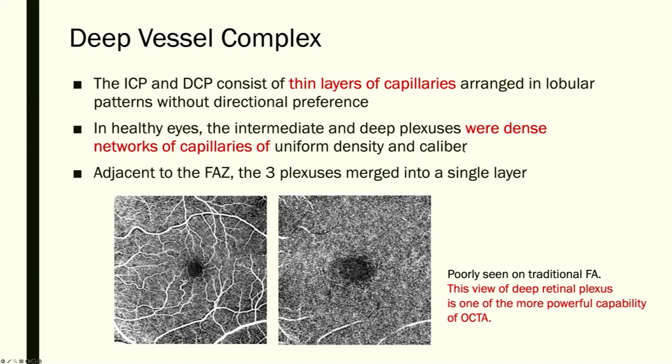So on the left hand side here is your superficial plexus, and on the right hand side is the deep plexus. Now, as I said, the major vessels are all in the superficial nerve fiber layer, they go down. So the picture that you will have on the deep plexus is going to be fine capillaries. That is what you see. And the large vessels that you see down are nothing but projection artifact.